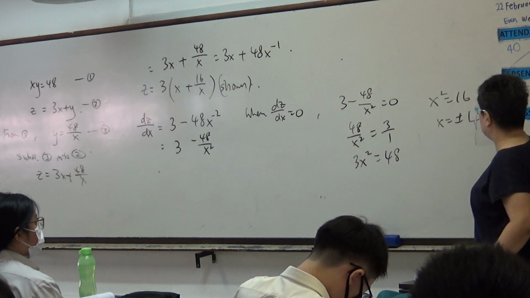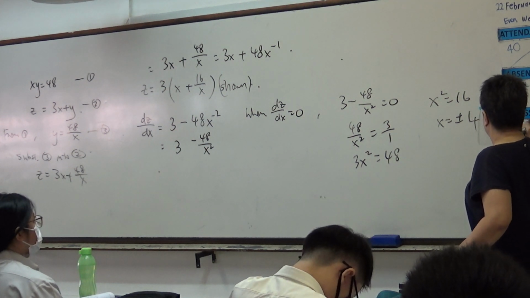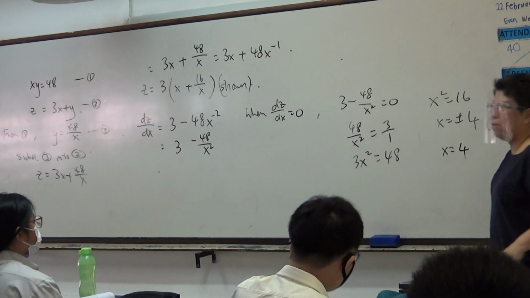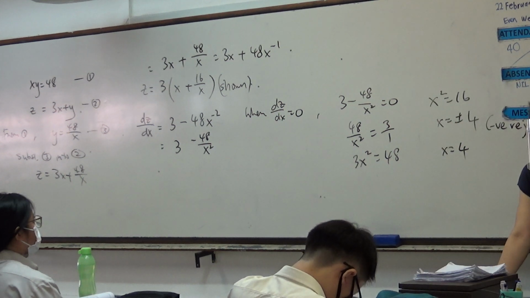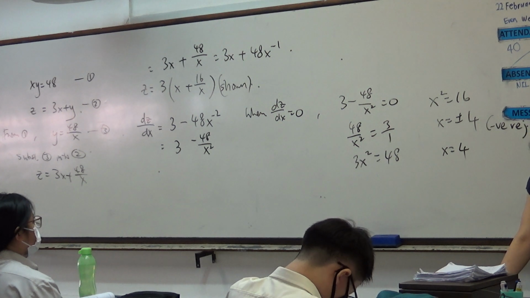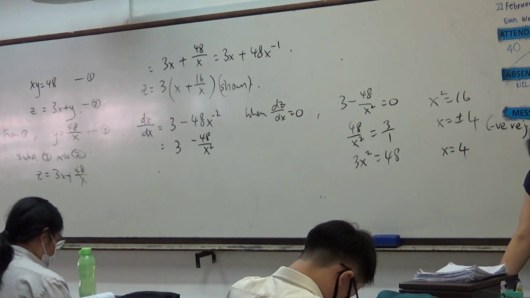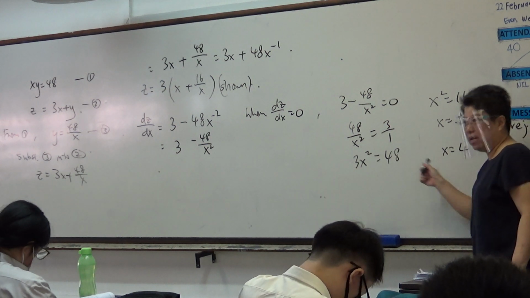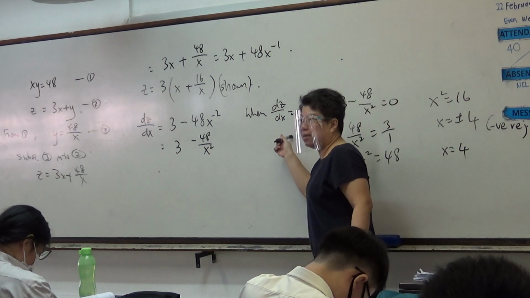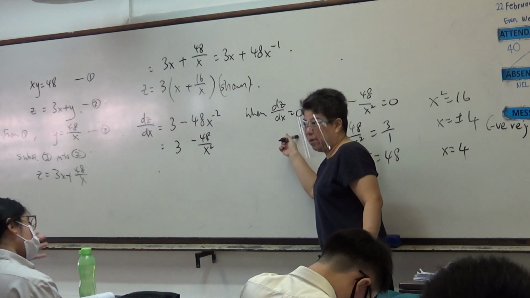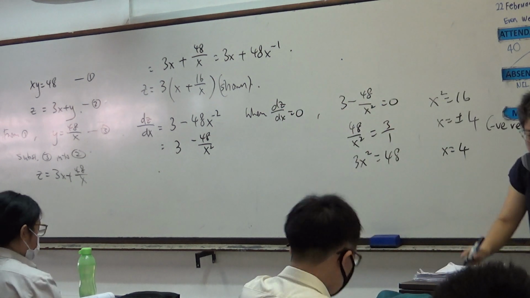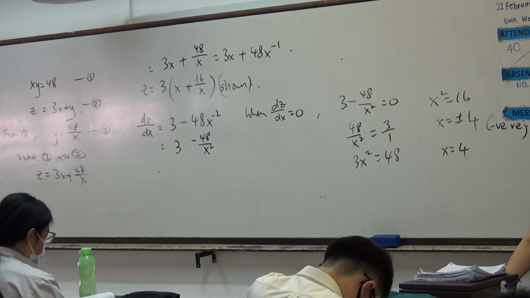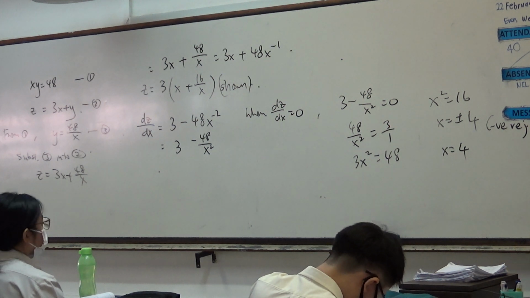They want positive, right? So negative, reject. So x will just be equal to 4. You see that? x will just be equal to 4. Now look at the question again. What did they say? Calculate the value of x for which z has a stationary value. That means at x equals 4, it has a stationary value because dz/dx is 0. Everybody clear? But I still got a second part. Look at the question again. Show that this value of x makes z a minimum.